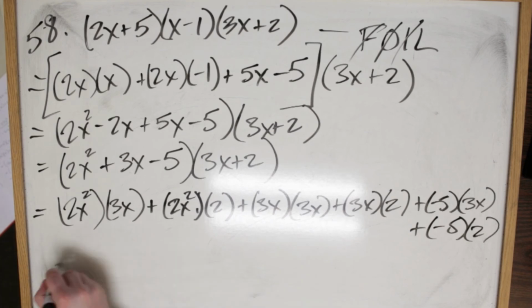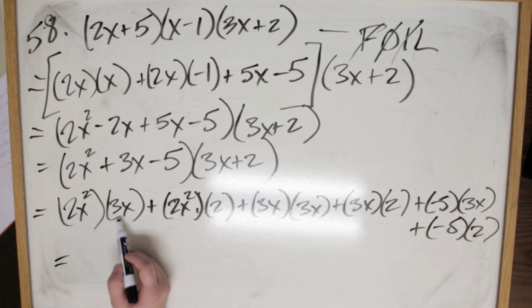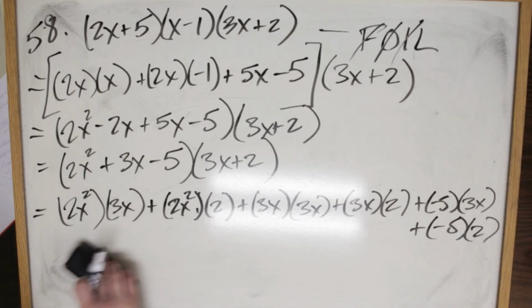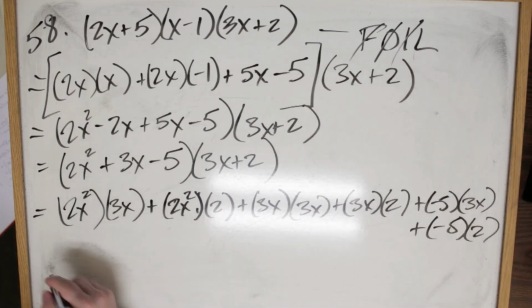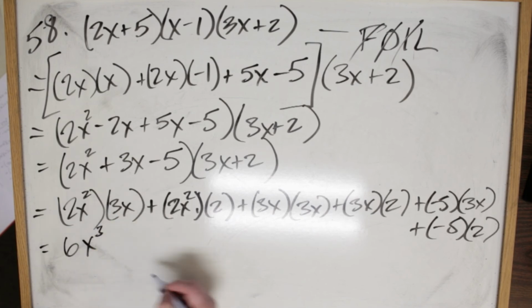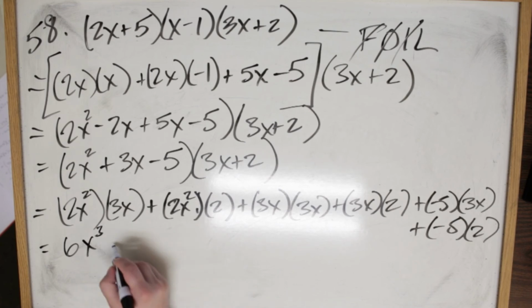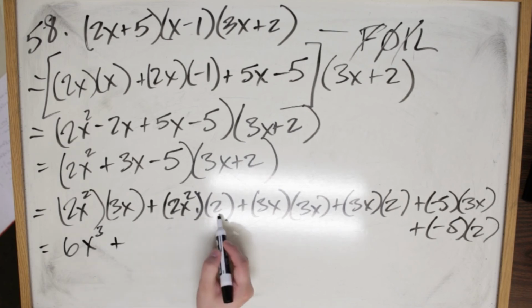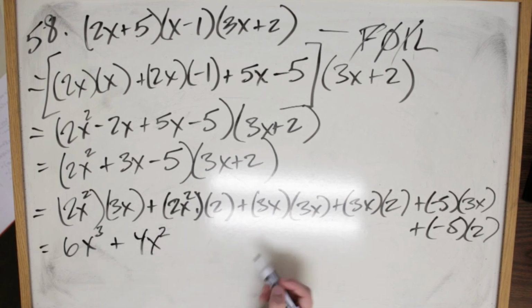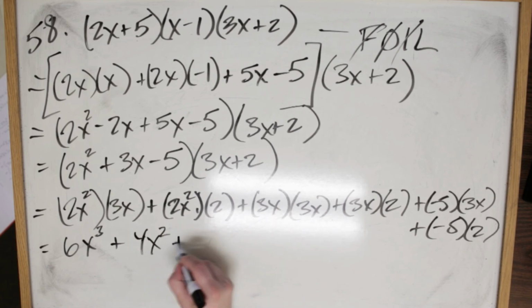Okay, so now let's work it out. 2 times 3 is going to be 6. Here, let me try to be a little bit tighter because we still have to simplify and combine everything. 6, x squared times x is x to the third. Now 2 times 2 is going to be 4. X squared times nothing is just x squared. 3 times 3 is 9.